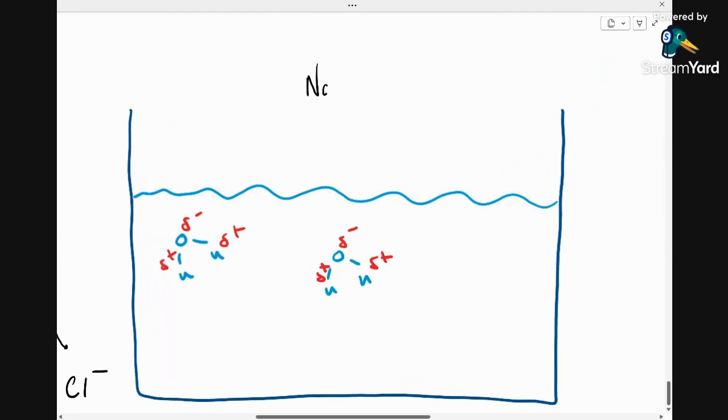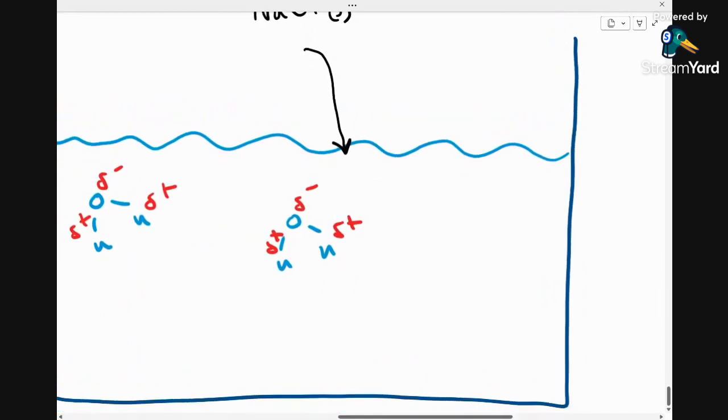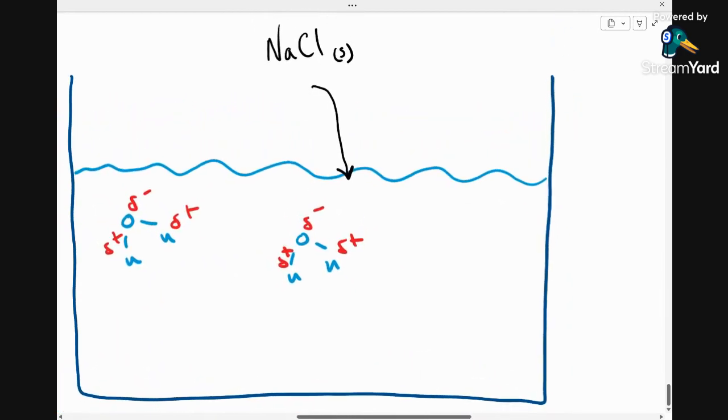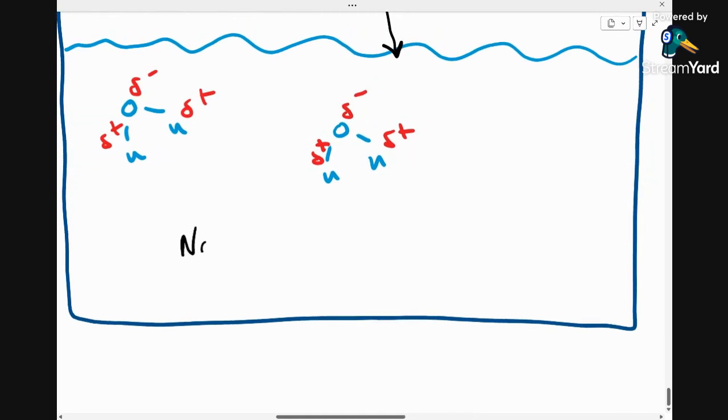When we dissolve our sodium chloride solid, our salt, and we put it into water, what happens is the sodium and the chloride ions dissociate. The reason is as follows. The sodium ion is positively charged, the chloride ion is negatively charged.